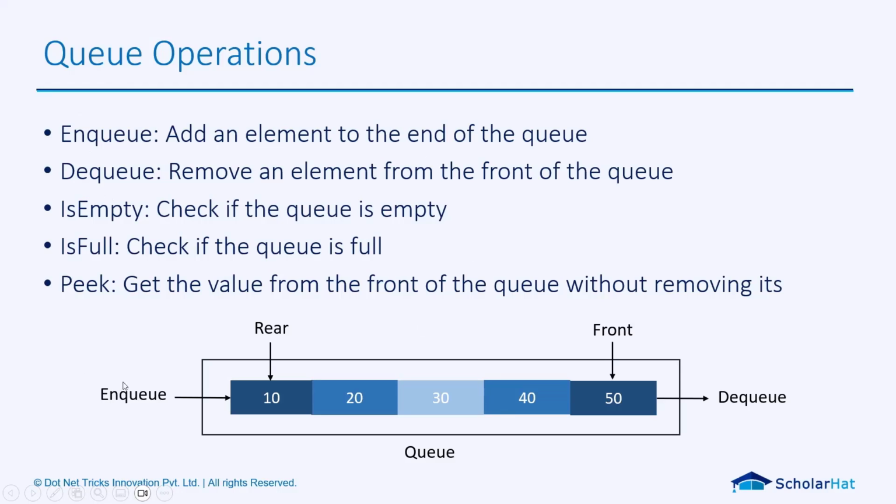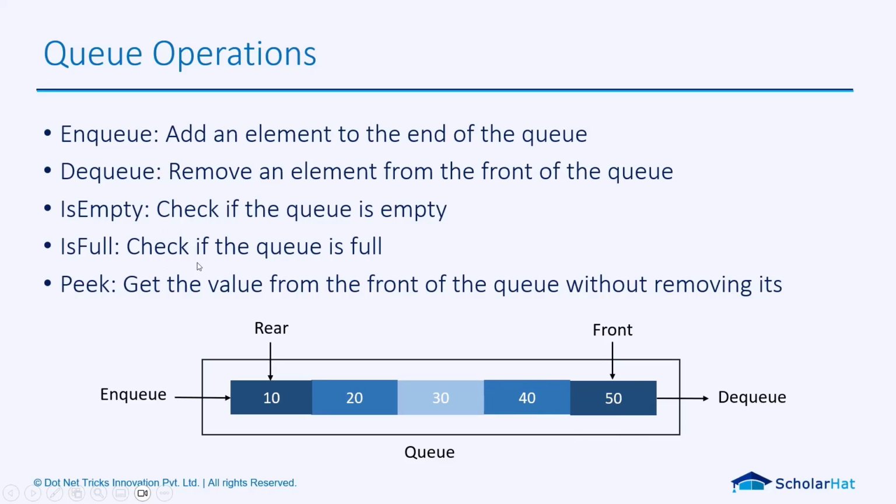Insertion is going to be in the rear position. If the starting position is here, the element is entered in the rear position. Now deletion of an element from the front of the queue is going to be done from here. The isEmpty function checks if the queue is empty or not.